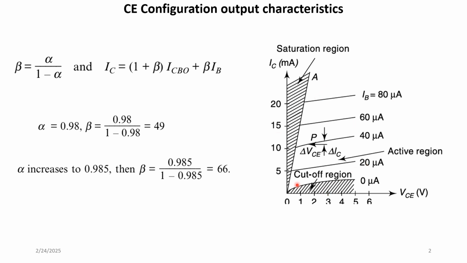Third one is the active region, this portion is the active region. The curves are uniformly spaced, and the slope, as I already mentioned, is large when compared to common base configuration because of the increase in alpha. We have shown a 34% increase in beta, that's why we are getting a large slope. Here the EB junction is forward biased and the CB junction is reverse biased.